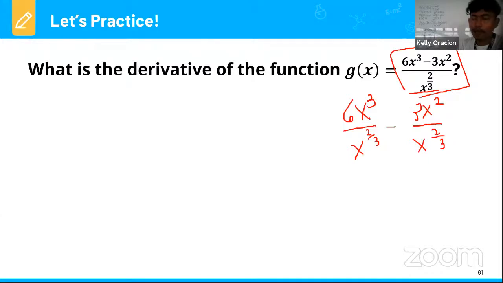Then apply the law of exponent, di ba? Pag division, isubtract ang exponent. So in this case, pwede siya ma-simplify o pwede na dili mo undergo og quotient rule. Parehas na silang answer gihapon. Kung mo undergo ka og quotient rule ani, same lang gihapon silang answer pag i-simplify nimo ni siya.